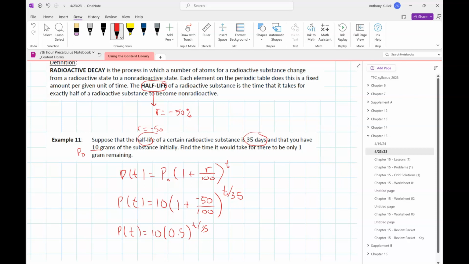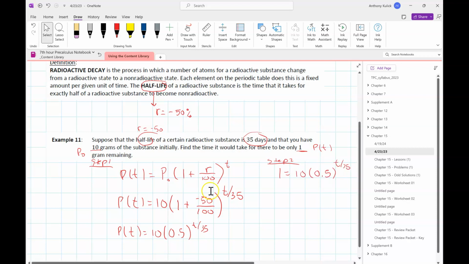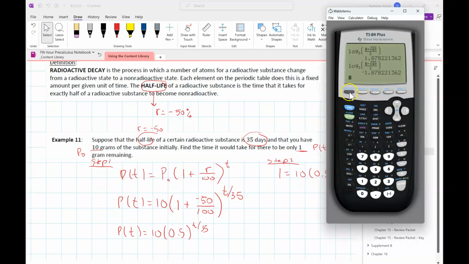Now, that's my step 1, right? Just set up my model. Step 2 is going to be to solve the model when P of T is equal to 1. Again, we're going to do this graphically.